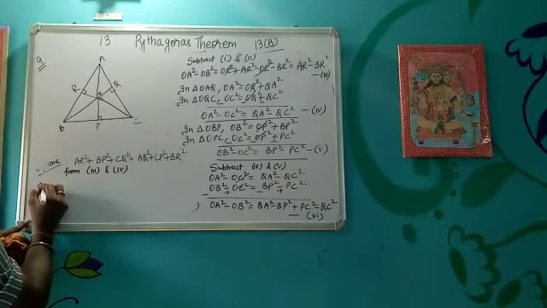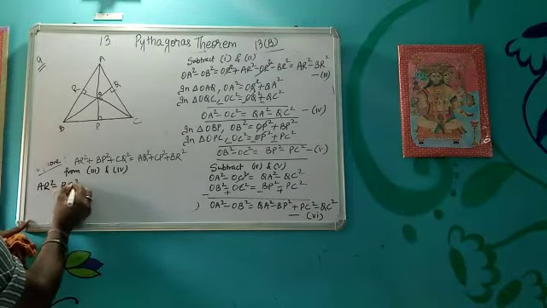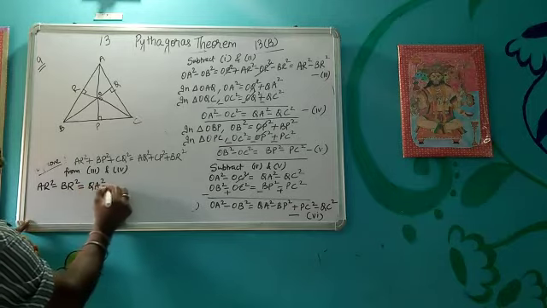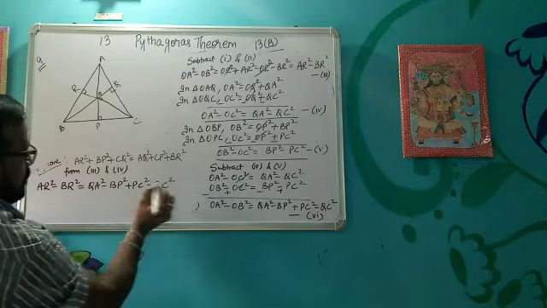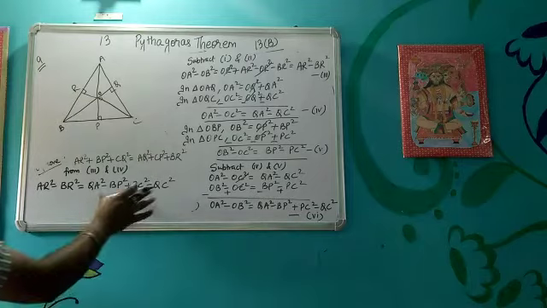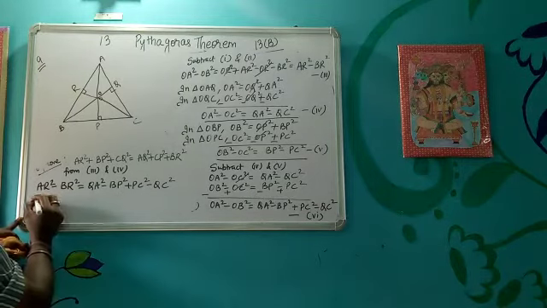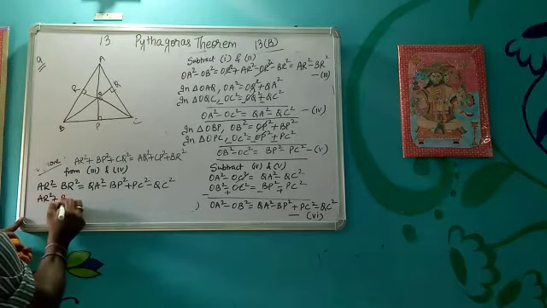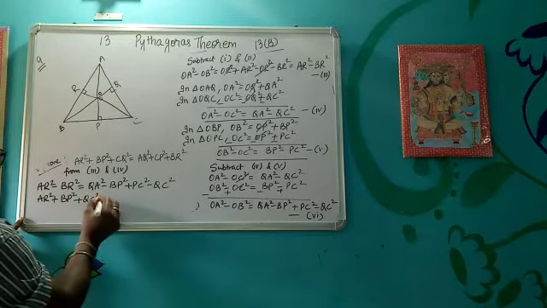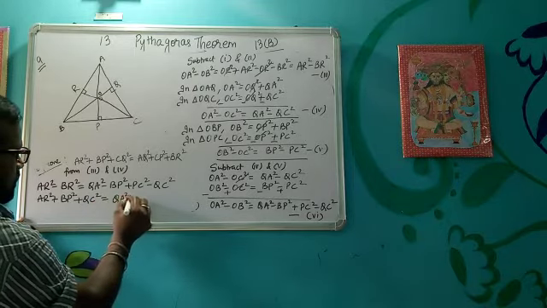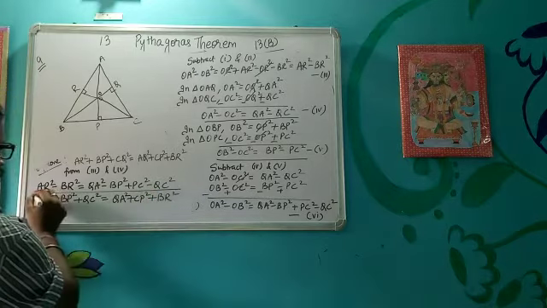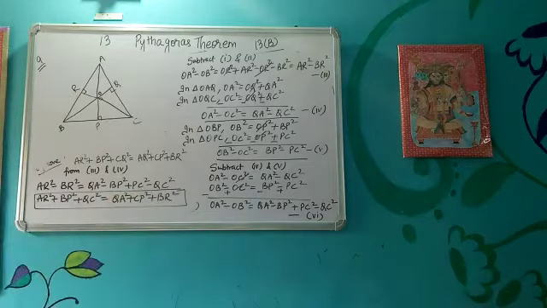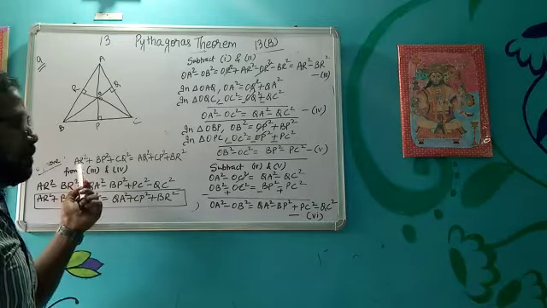So you will get AR square minus BR square is equal to QA square minus BP square plus PC square minus QC square. So I will take all the negative values here and this will go there. So finally it becomes, okay. So this is what we need to prove. So hence proved. Okay. So concentrate on your proof.